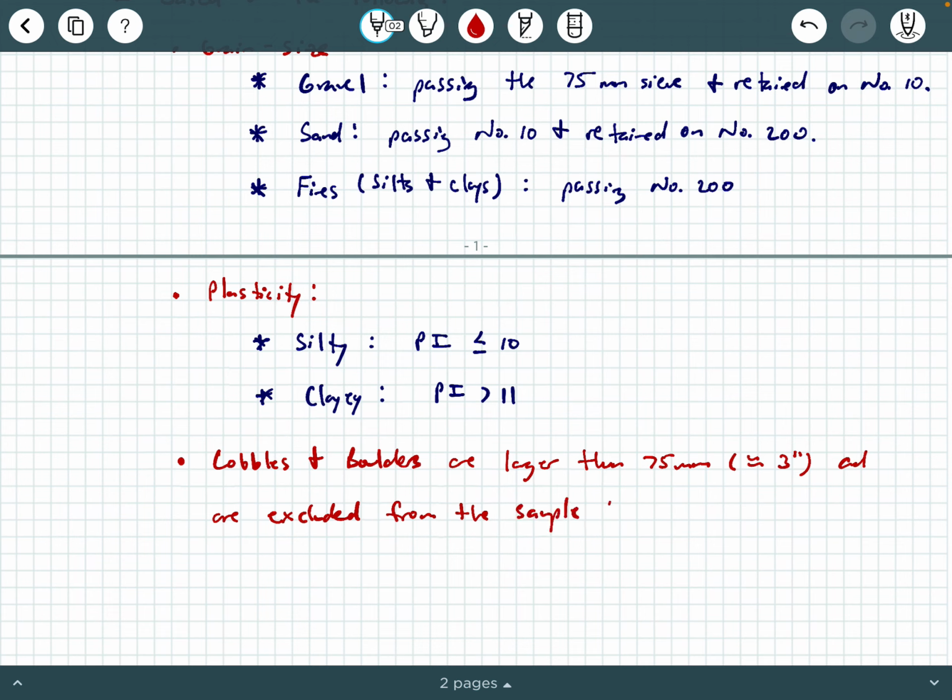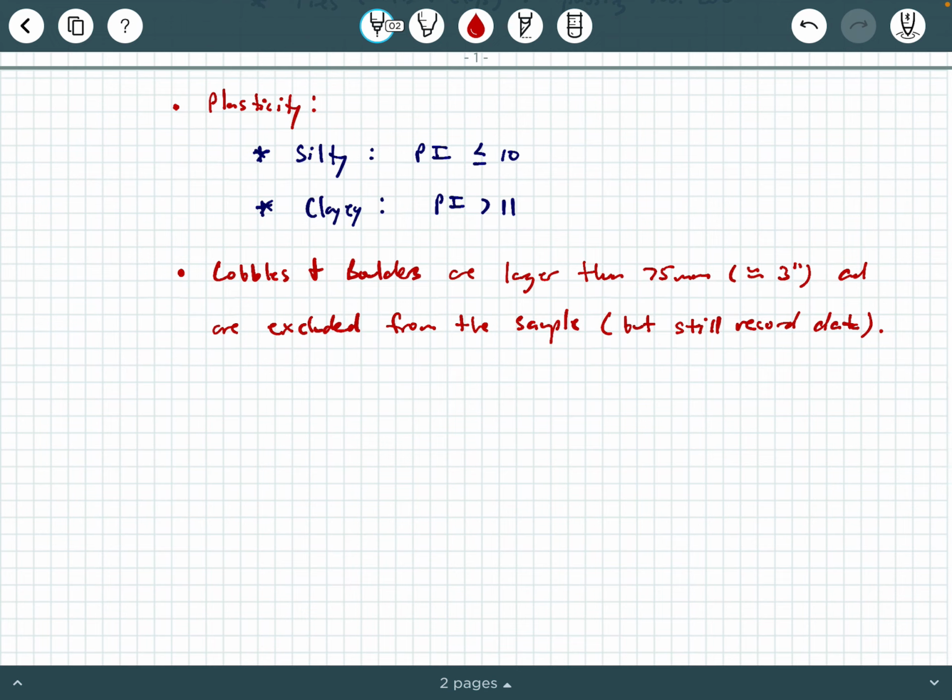But you still want to record the data. So that means if you have cobbles in your soil mixture, you don't want to just toss them out and pretend they never existed. You want to make a note of it, but they're excluded from the percentage calculations that are the process of classifying your soil.